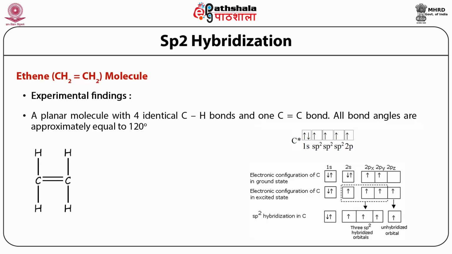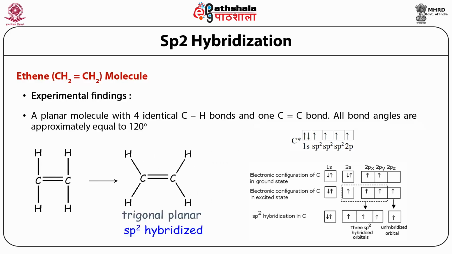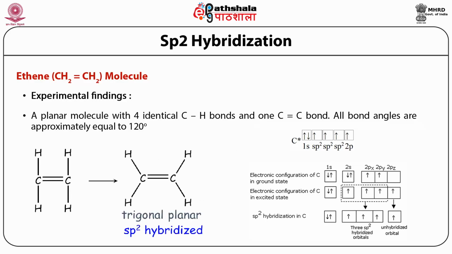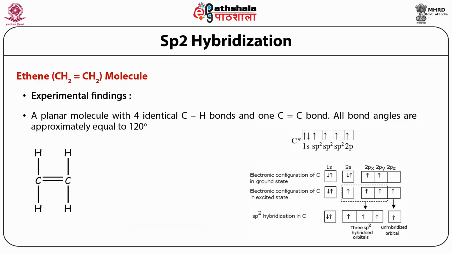The hydrogen carbon bonds are all of equal strength and length in agreement with the experimental data. So this shows the electronic configuration of the excited state of carbon, that is C star, in sp2 hybridization, and the figure below shows the schematic representation of the formation of 3 sp2 hybridized orbitals, leaving one unhybridized p orbital for 1 pi bond.